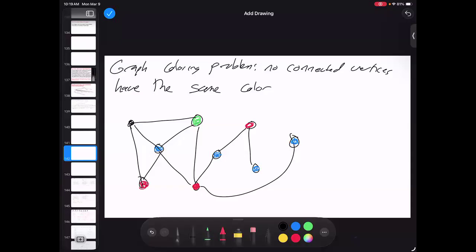Now I'm putting something over here. What I could do now is change this from red to green. And if I do that, then I could be okay. And then I could make this red again. And then I'd be okay with just 3 colors. So it's a difficult question to determine how many colors you need.